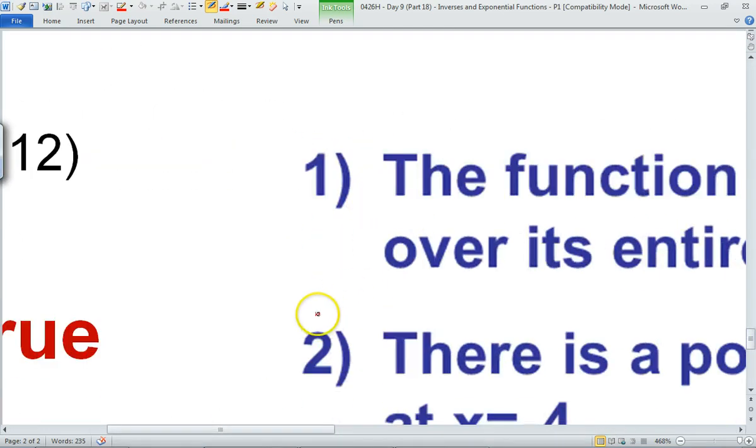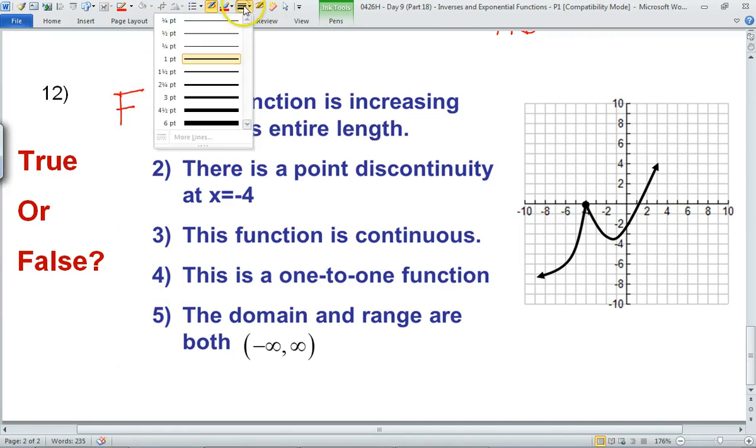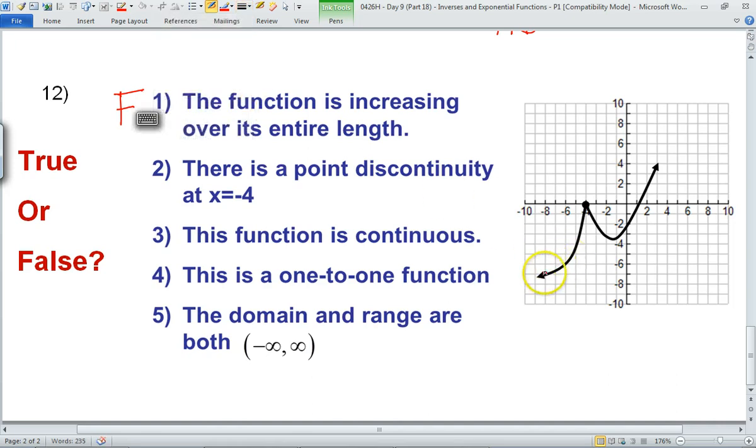What else we got? Better zoom out. Okay, so this is going to be true or false. Problem number 1 is false. This is not increasing over its entire length, because if I were an ant walking along this shape from left to right, I'd be going uphill from here to here.